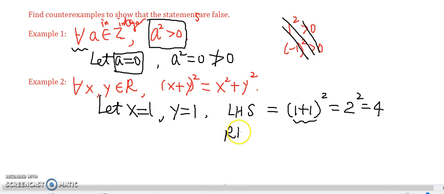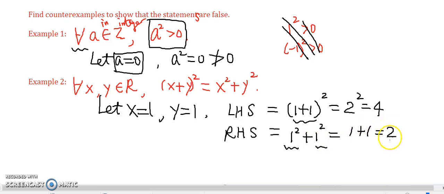But if we plug both values for x and y into the right-hand side, that will give us 1 squared plus 1 squared. And in this case, we cannot do addition first. We have to do the squares first, because the exponent goes before multiplication and addition. So we do 1 squared, that's 1, plus 1 squared, that's 1.